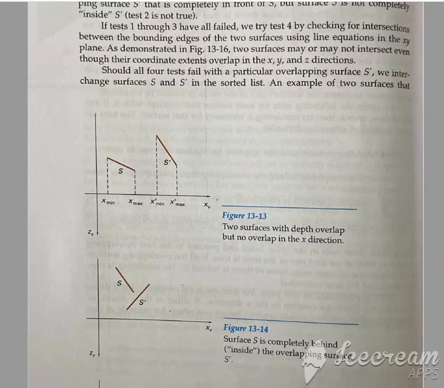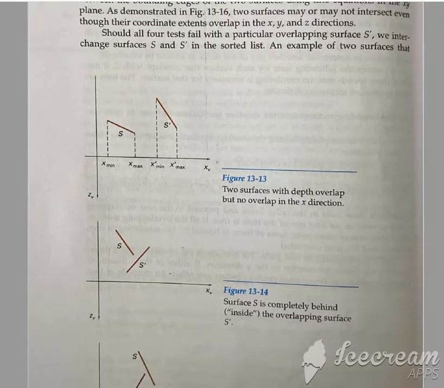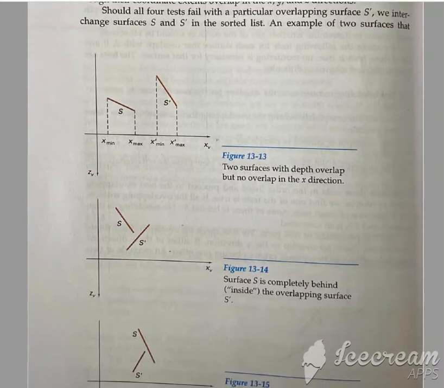So we use this method in test cases 2 and 3 to find which surface is behind the other surface. For test case 2, the points of S are substituted into the plane equation of S dash. After substituting, if all the points give a value less than 0, it means that all points of S are inside, that is, S is completely behind S dash from the viewing position.